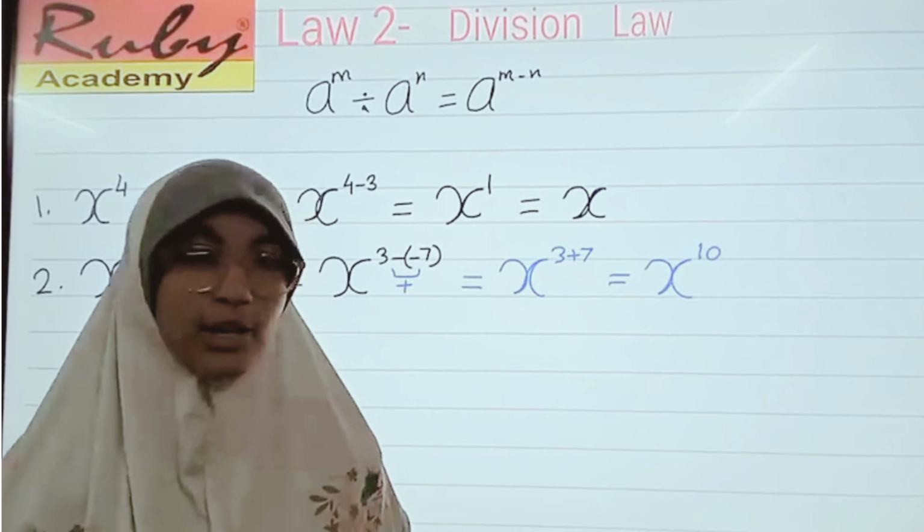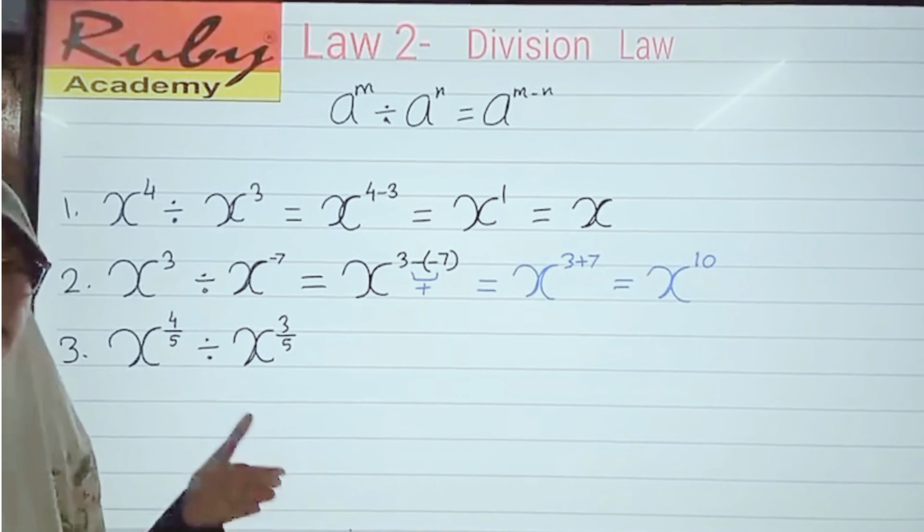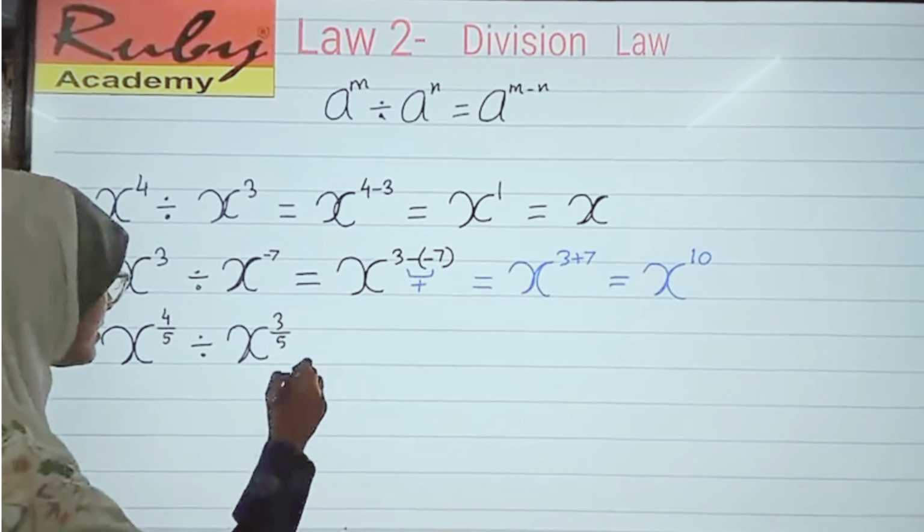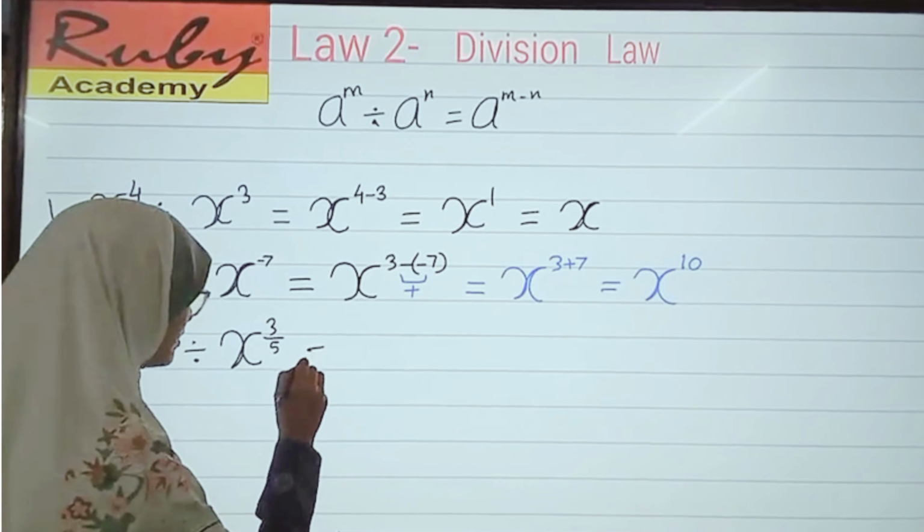So we have to follow the same method as we did for the positive and negative powers, which is subtracting the powers here also, which is equal to x raised to 4 minus 3 upon 5. So here our denominator is the same, so we don't need to change it anymore. So 4 minus 3 is 1. So our answer for this fractional is x raised to 1 by 5.